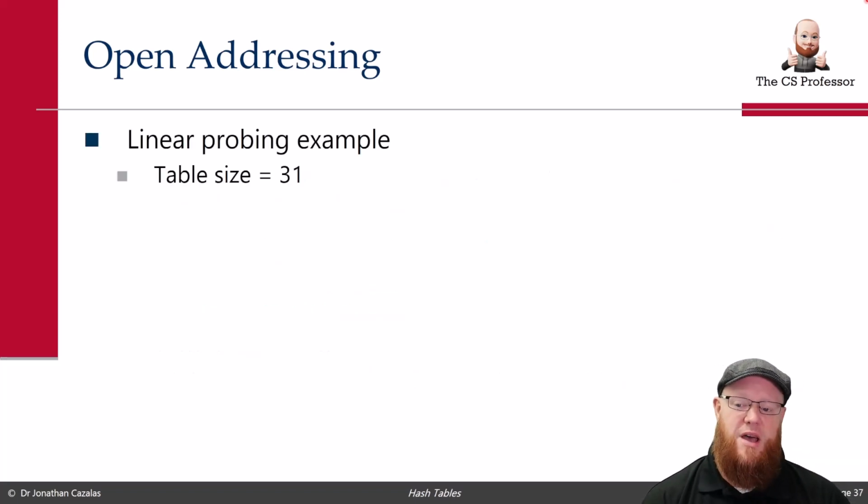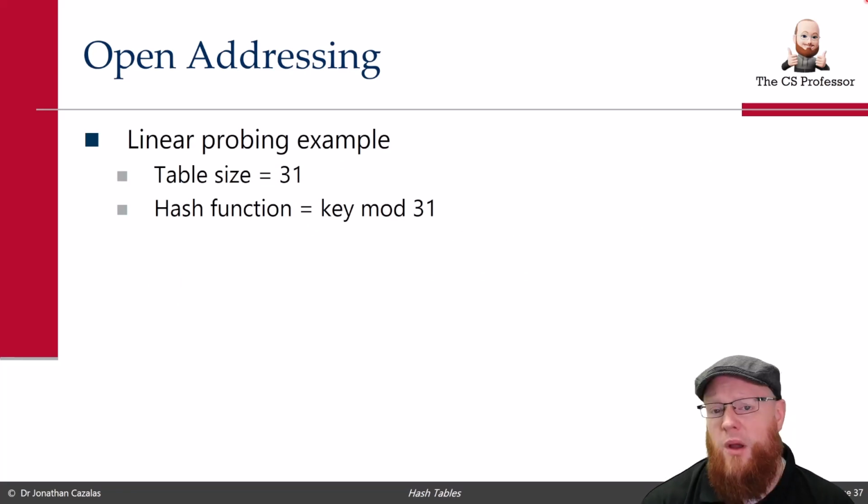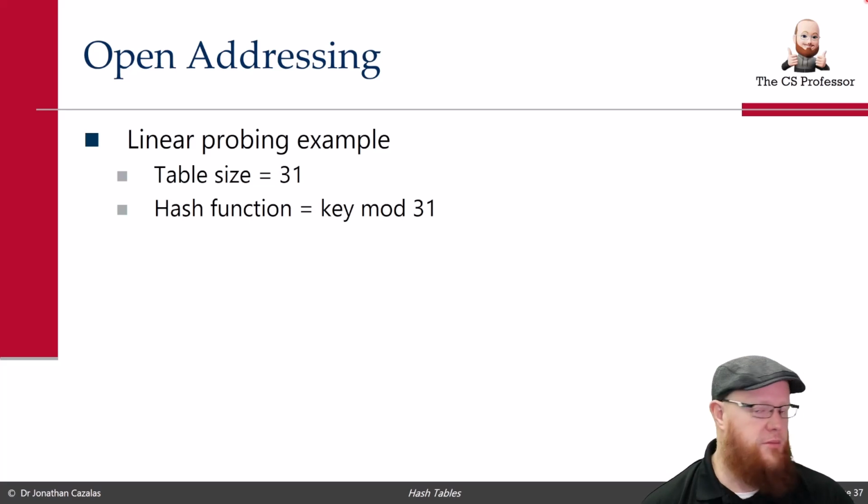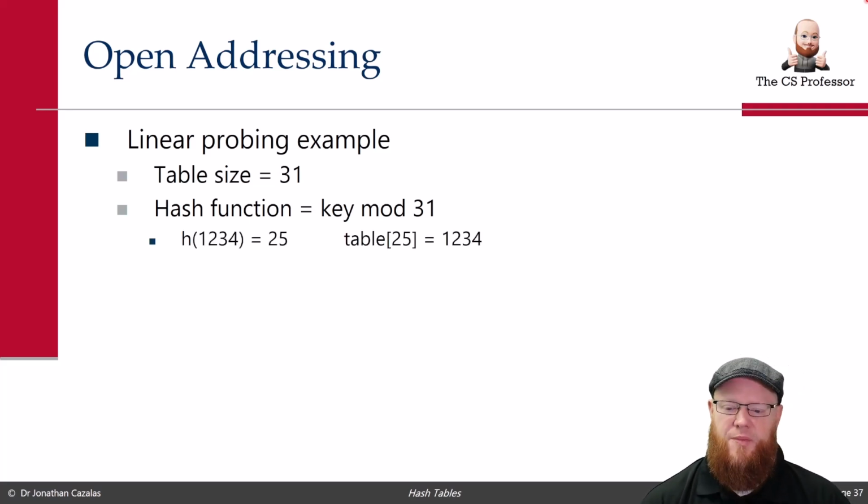We have this table size of 31. Our hash function will therefore be the key mod 31. Divide by 31, get the remainder. Let's look at what happens on a series of inserting new keys into this hash table, or new students, if you will, based off of their ID. So here's the first student with this ID or this key, 1, 2, 3, 4.